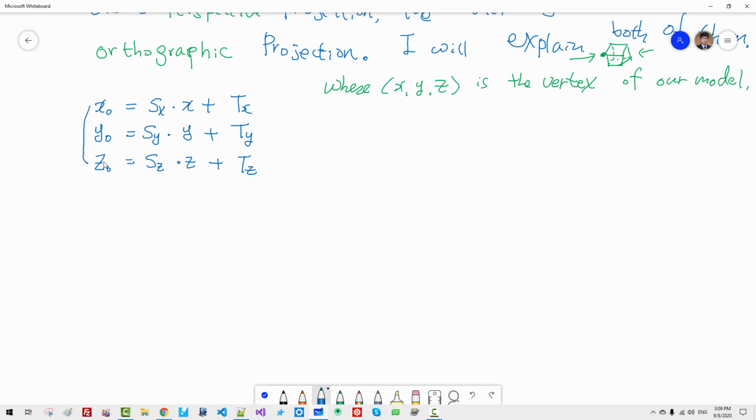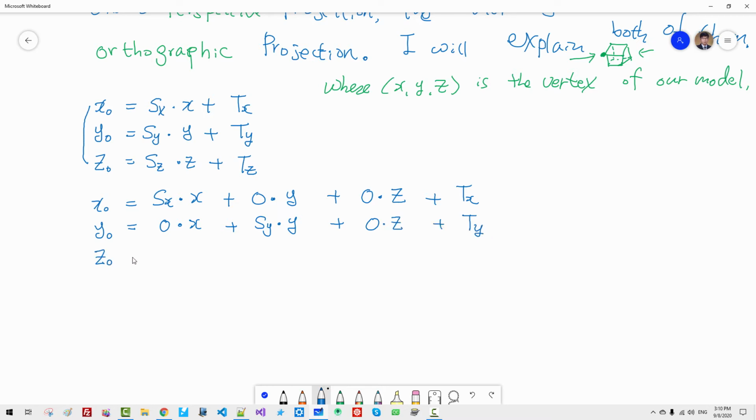Now we can expand this system of equations like this. xo equals sx times x plus 0 times y plus 0 times z plus tx. yo equals 0 times x plus sy times y plus 0 times z plus ty. zo equals 0x plus 0y plus sz times z plus tz.